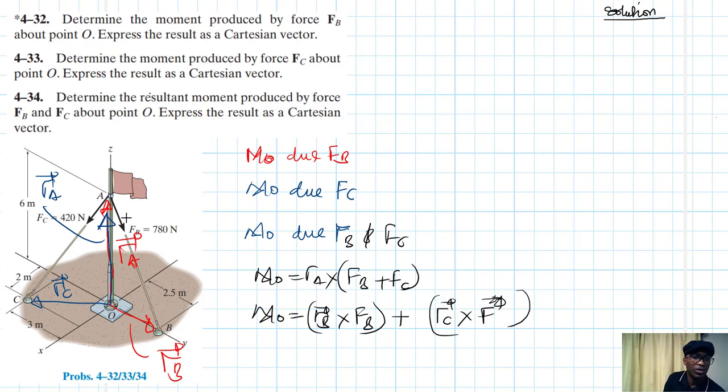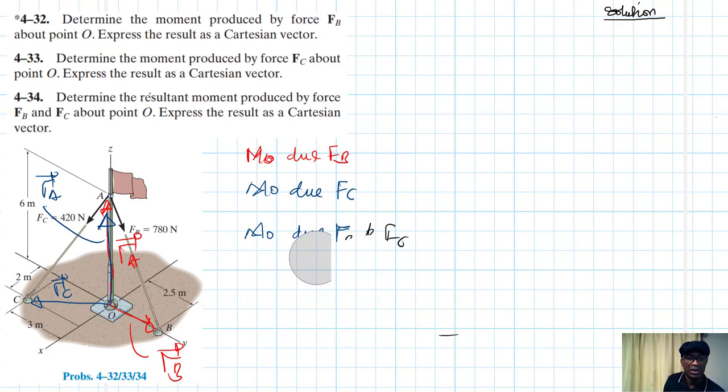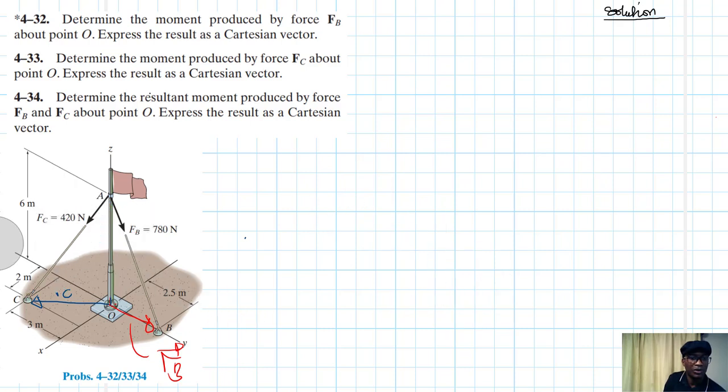But for us, we just go with one moment arm. Why have the trouble separating this? We are just going to pick one moment arm, which is just RA.